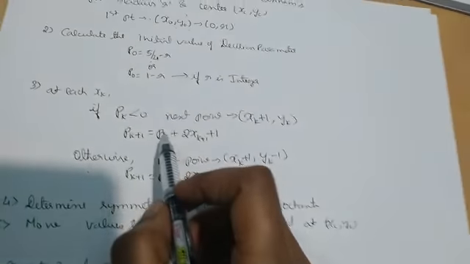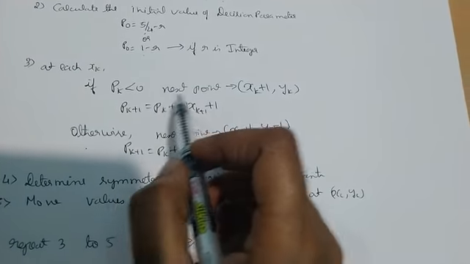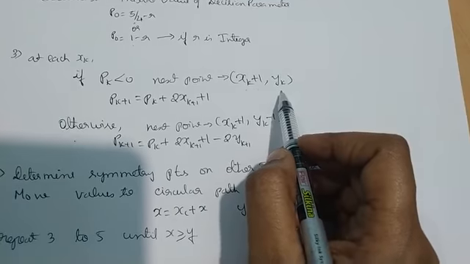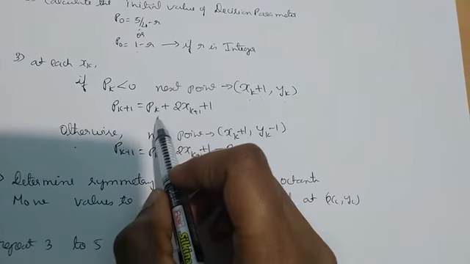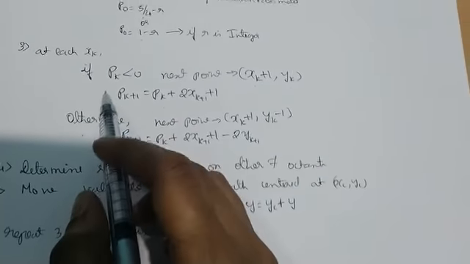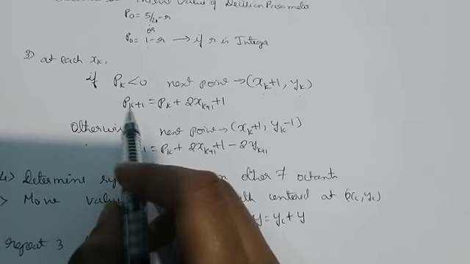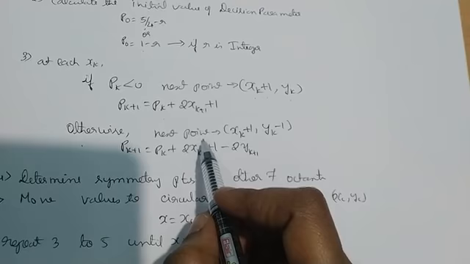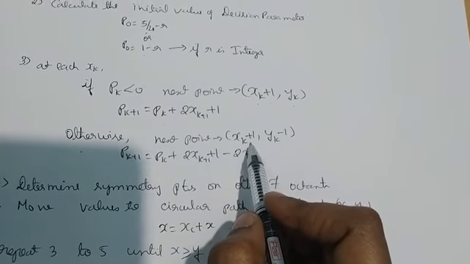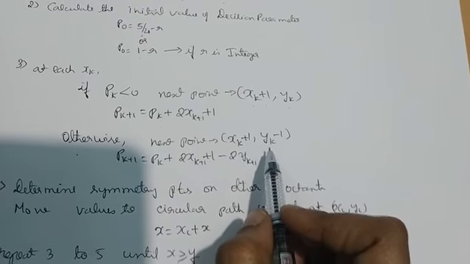And at each step, if decision parameter p is less than 0, you are going to increment the x-axis, whereas leave the y-axis as it is, and calculate the next p value using this formula. Otherwise, if p is not less than 0, you are going to calculate the next point by incrementing the x-coordinate value and decrementing the y-coordinate value.